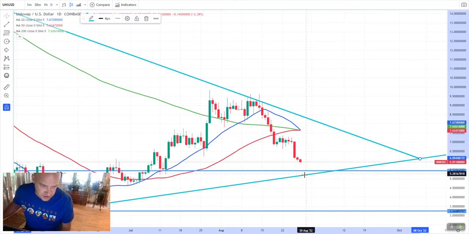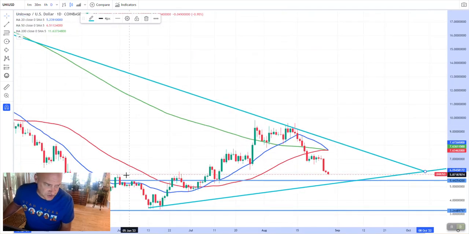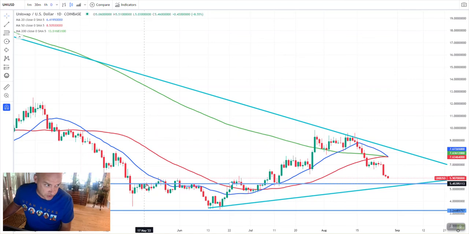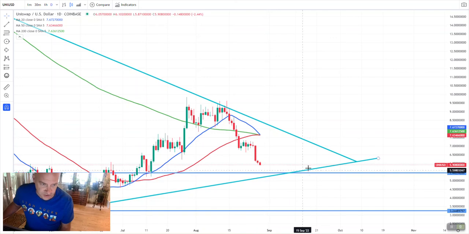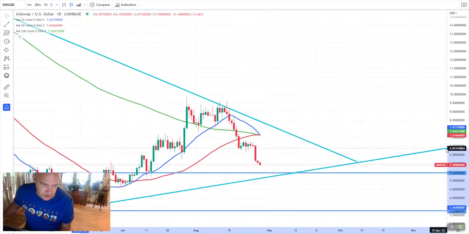If it can hold and not break down into lower support, staying at the support line that has been going since June, then we can break out of this descending triangle and we've got an actual trend break. Bitcoin's doing the exact same thing. Shiba's doing this.